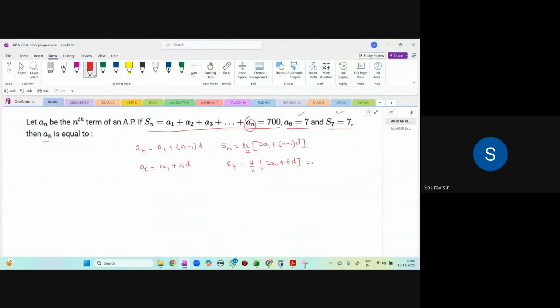So you can simplify this as 7 by 2 into 2 into A1 plus 3D. So 2 and 2 cancel. So S7 becomes 7A1 plus 21D.